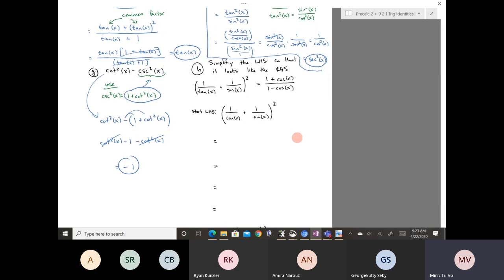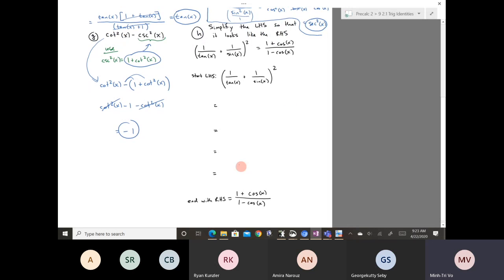And the basic idea is to start from the left-hand side, which typically will be the more complicated thing. So I'm starting from the left-hand side and apply a series of either identities or simplifications, and then the final result should look like the right-hand side.